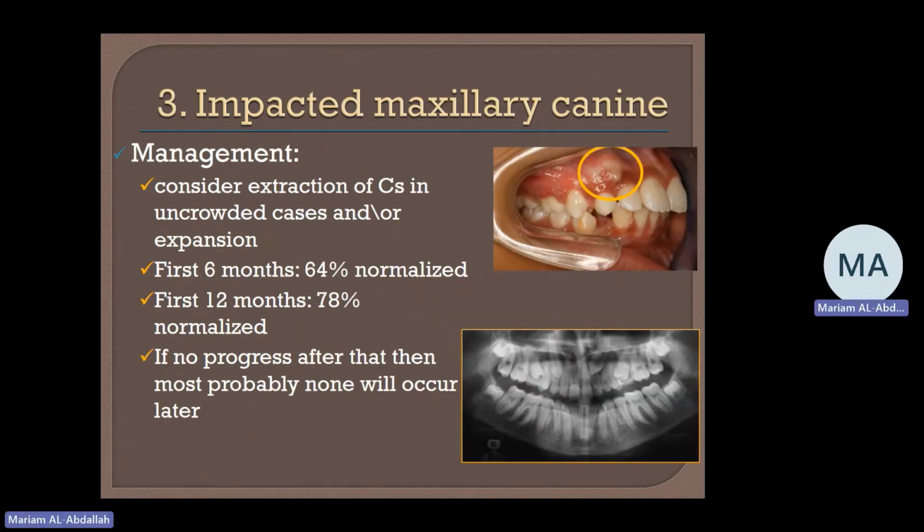Now, if on the radiograph you actually identified a problem, then we need to go for early management of such a problem, and usually the management is after 10 years of age. As you can see here, for example, if this patient came for clinical examination, then on the upper right quadrant, you will feel the bulging of the canine nicely. So this is normal.